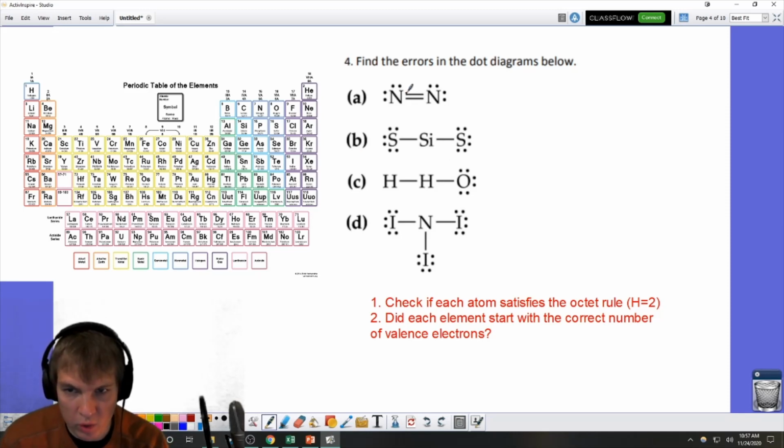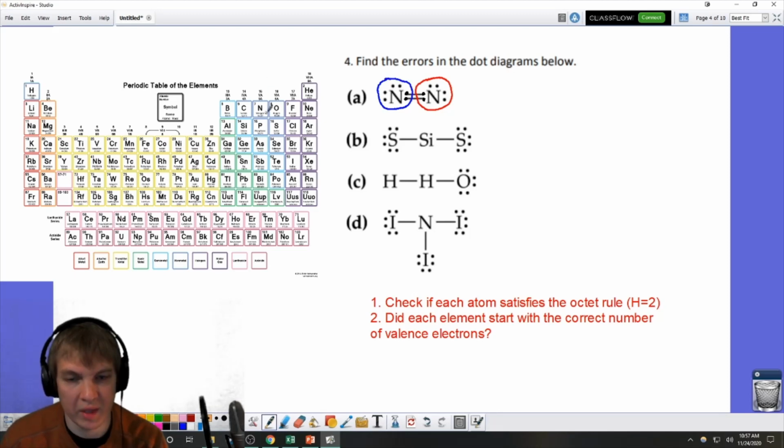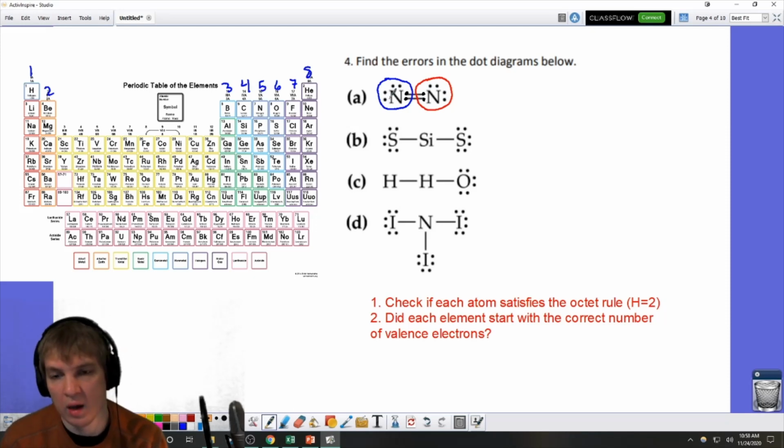Well, if we redraw those electrons on those bonds, and remember, this nitrogen started off with, I'm just going to color code this, with these electrons. And this nitrogen started off with these electrons. All right, nitrogen only has 5 valence electrons, but over here it started off with 1, 2, 3, 4, 5, 6.